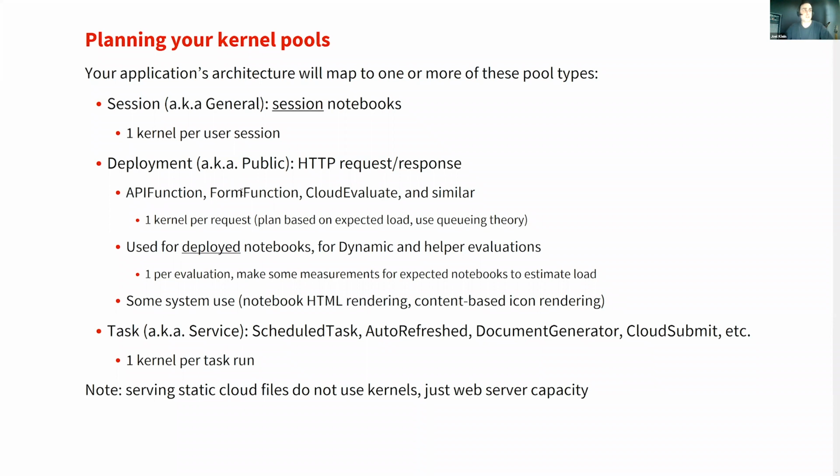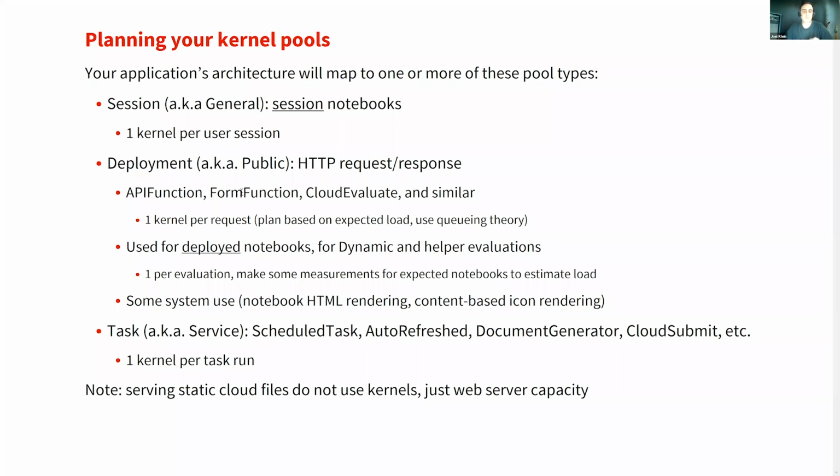If you're using form functions for a class, are the forms to be used during class time? Are they expected to be used during the evening hours when people are doing homework? It's sort of queuing theory. Like running a restaurant: when's the lunch hour rush and how many do we need at our peak?